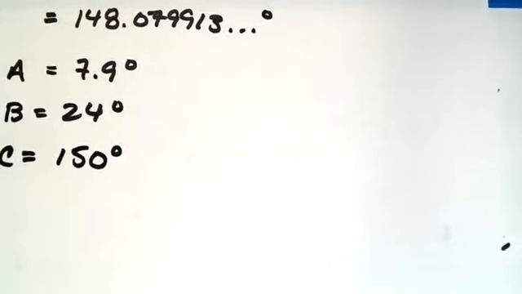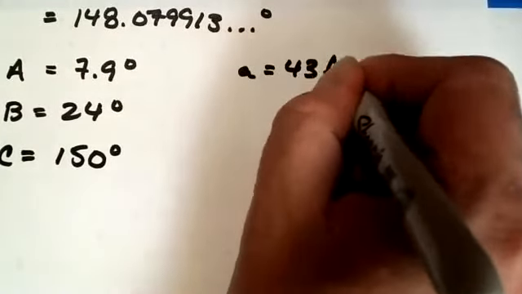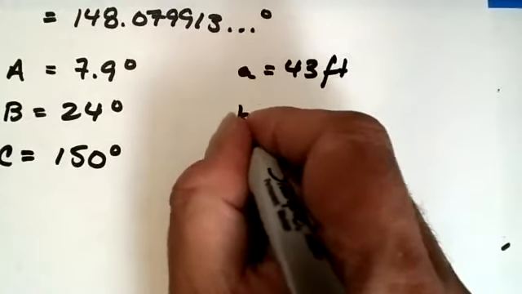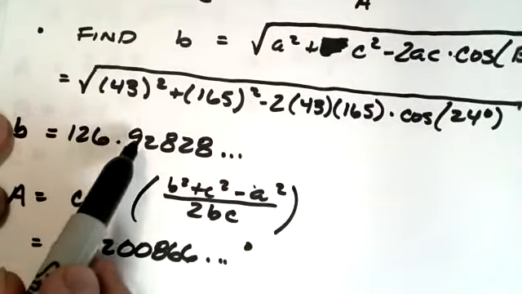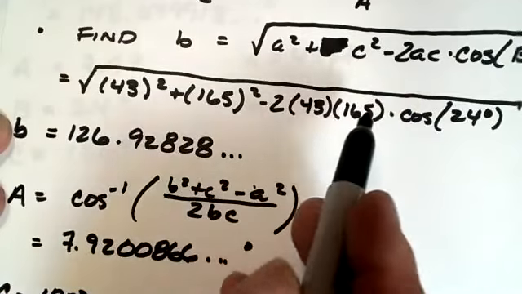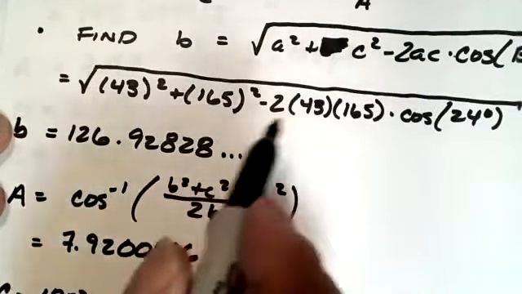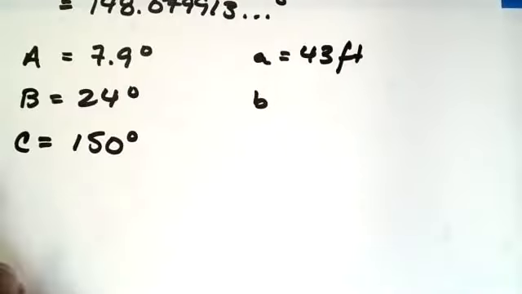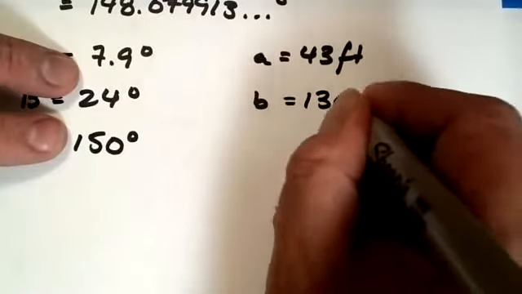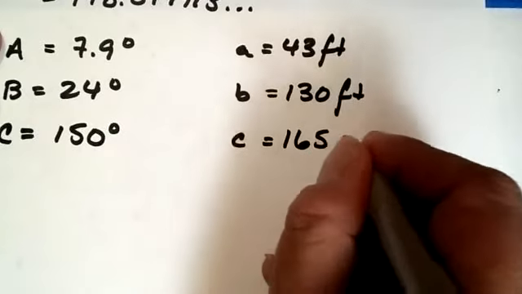Yikes. Now, A was given as 43 feet, and B was calculated as 126.9 and so on, but it's derived from a series of measurements that only had two significant digits at best. So this should only have two significant digits, which means it's 130. And then finally C, which was given, is 165.